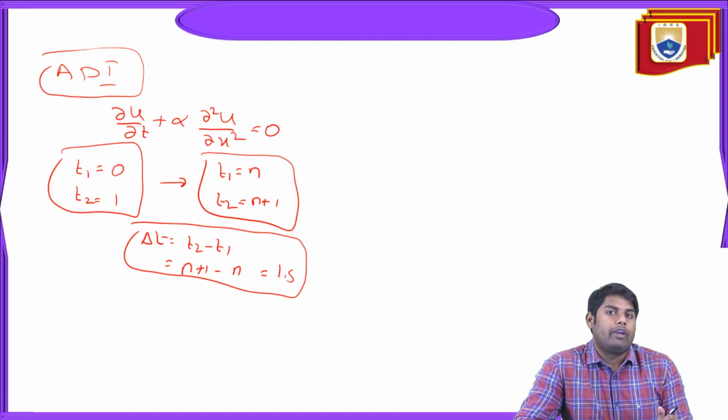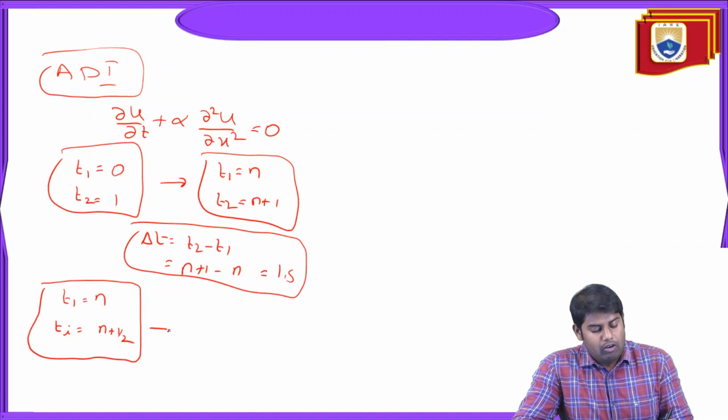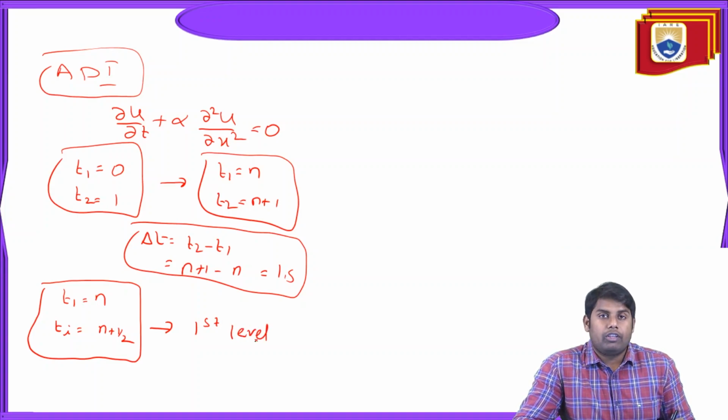So let us take t1 equal to n and the intermediate level, t_i, which will be n plus half. So this is the first level.